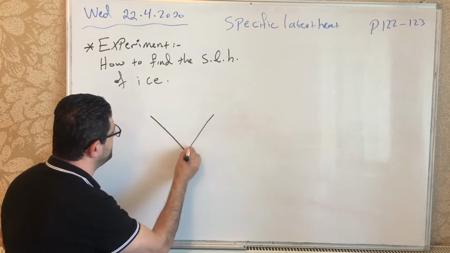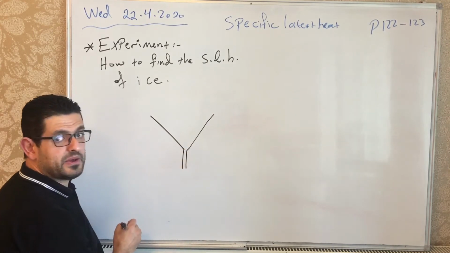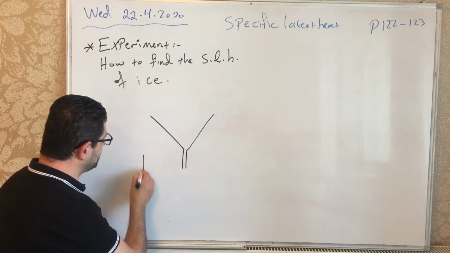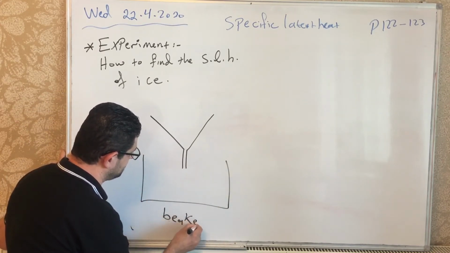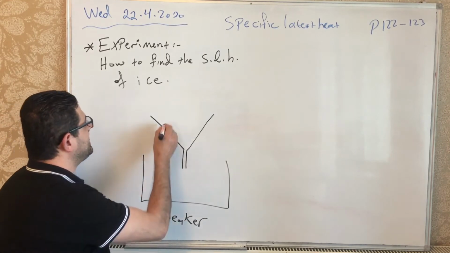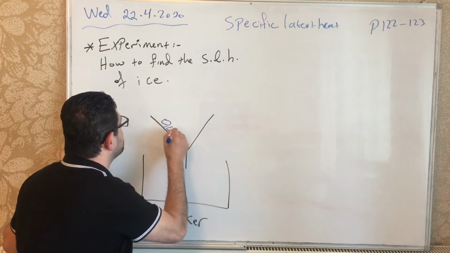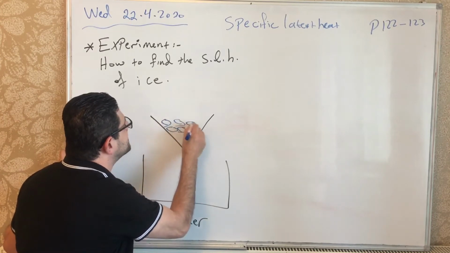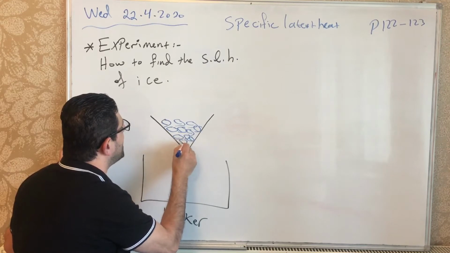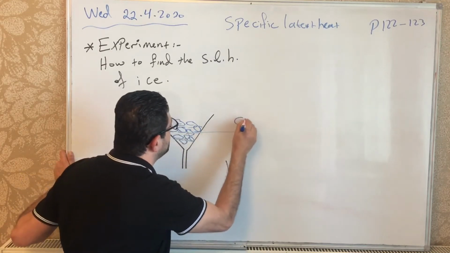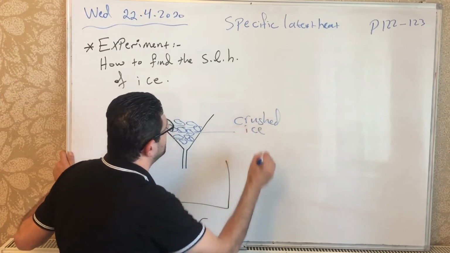I will have a funnel, and under the funnel I will put a beaker. Inside the funnel, I will put some crushed ice, not ice cubes. This must be crushed ice.